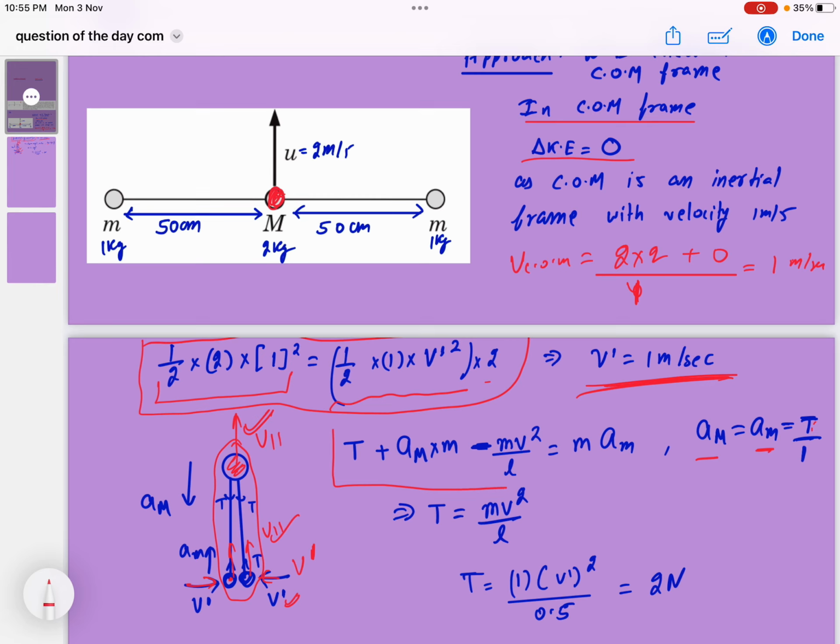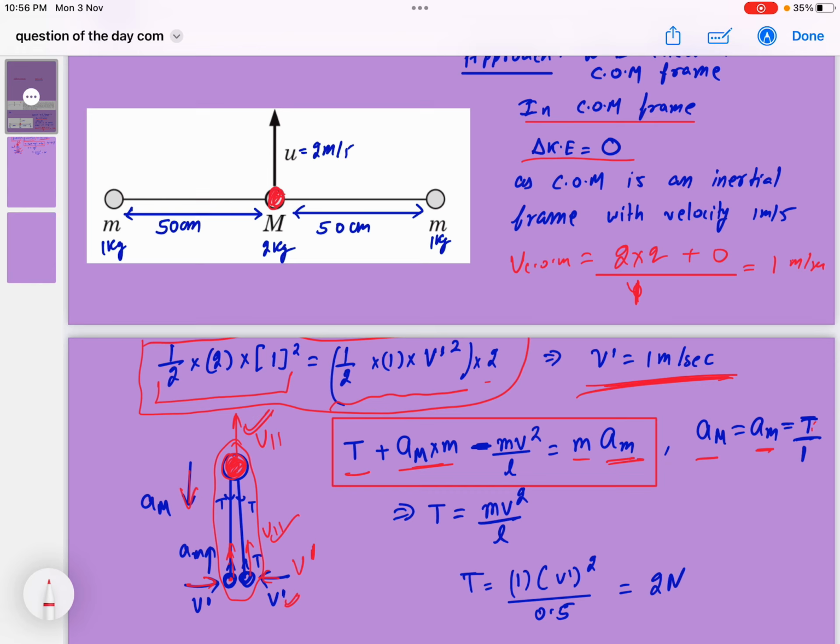Now I am writing the force equation on one small disc, say the left disc, with respect to the bigger disc. Tension acts up, along with the pseudo force. The bigger disc has an acceleration down, that is the negative y-axis, and that gives the pseudo force. So tension plus pseudo force up, minus mv square by r centrifugal force, equals mass into acceleration of m, upward.